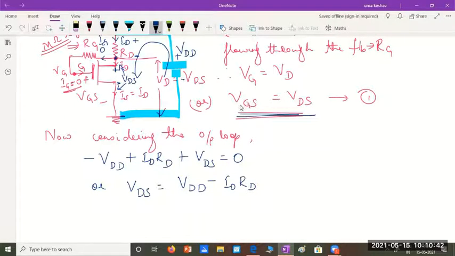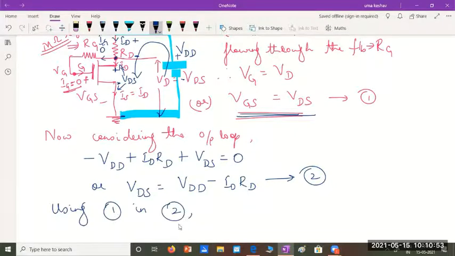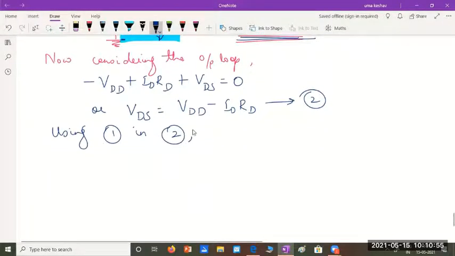The drain source voltage is same as gate source voltage. Using equation 1, in equation 2, what do I get? I can say VGS is equal to VDS is equal to VDD minus ID RD.